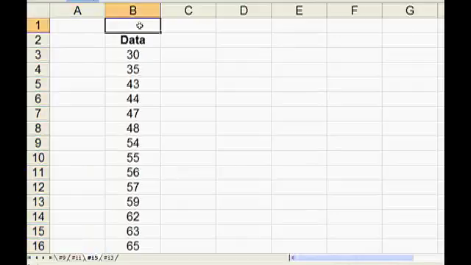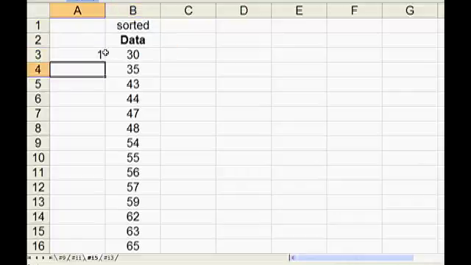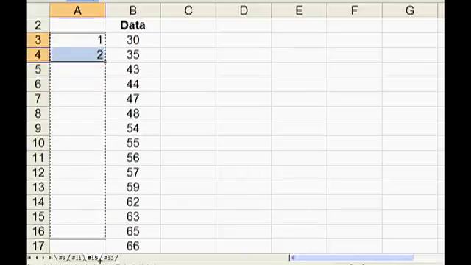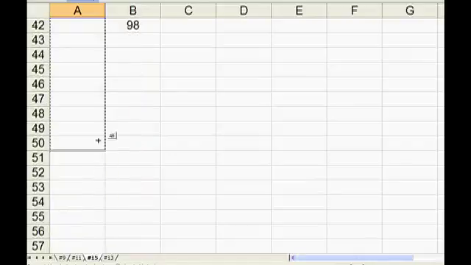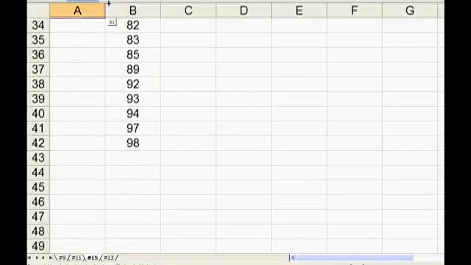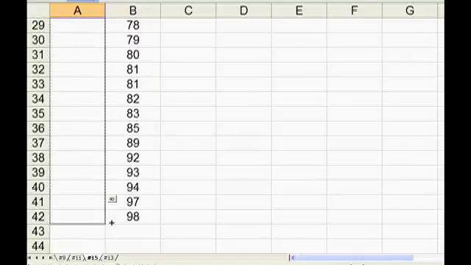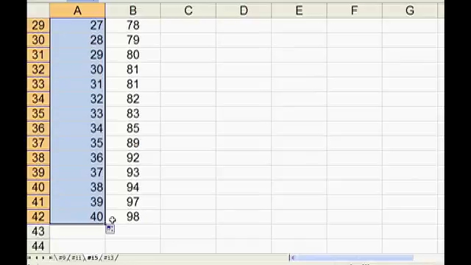Once again, they gave us a sorted data list. They were very nice to us. There are 40 data values in this problem.